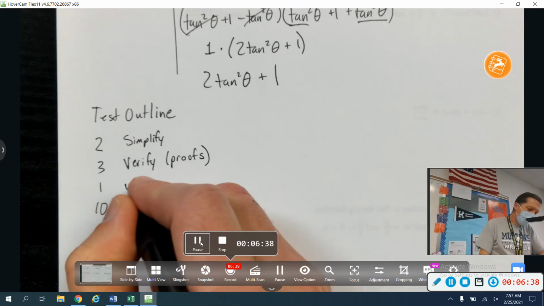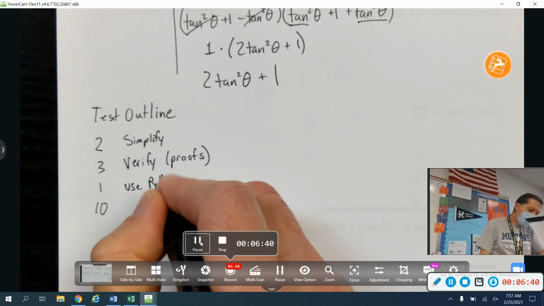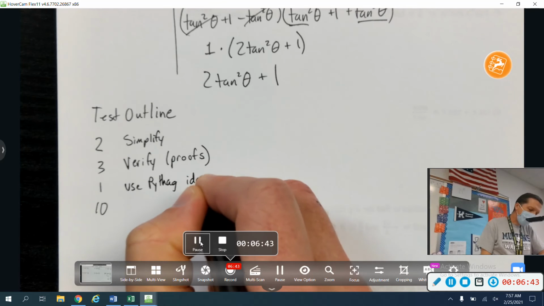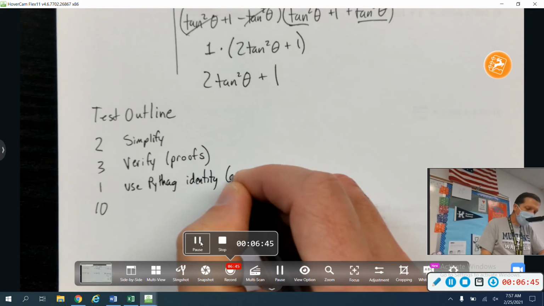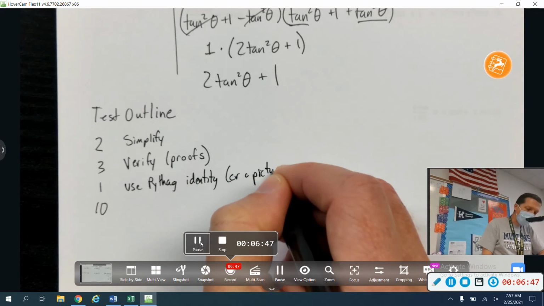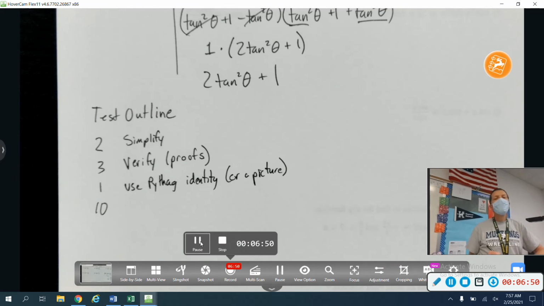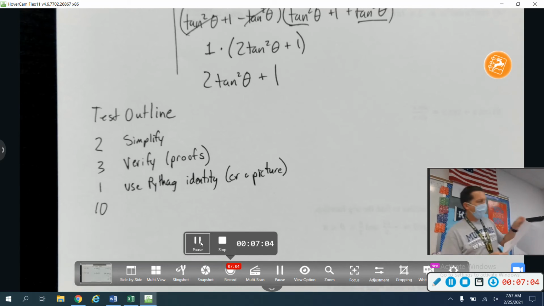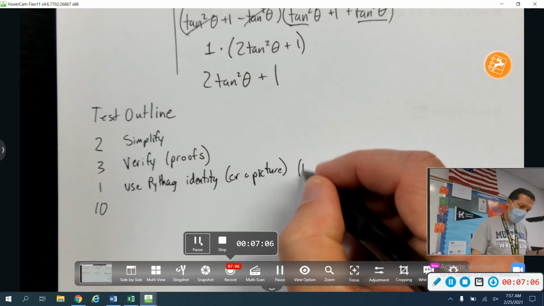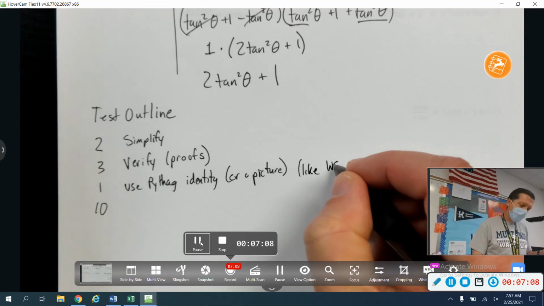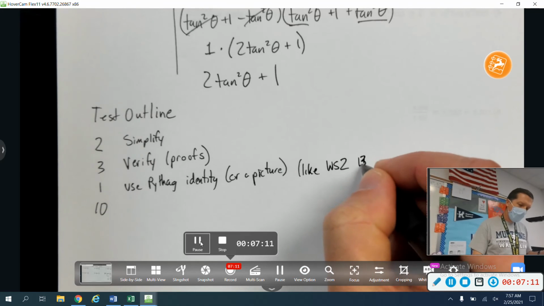There's one, use a Pythagorean identity, or a picture actually works just as well. Pardon? That's what we learned yesterday. So the picture method, that's a really good question. The picture method is what we learned yesterday. The use of Pythagorean identity is, so this is from worksheet 2, 13 and 14.